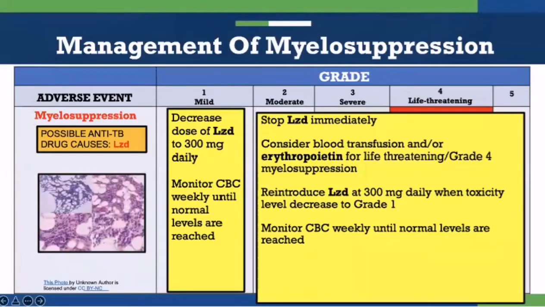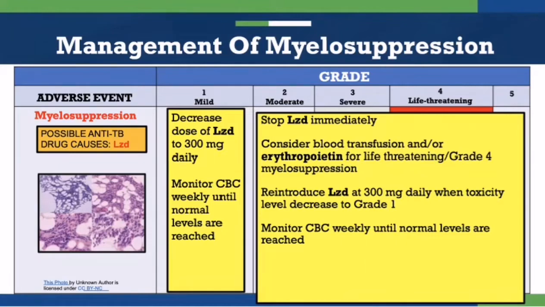Again, you may also investigate for other causes of myelosuppression, such as nutritional deficiencies, viral infections, occult blood loss, HIV or AIDS, chronic renal insufficiency, or the patient taking other medications aside from our anti-TB drugs.